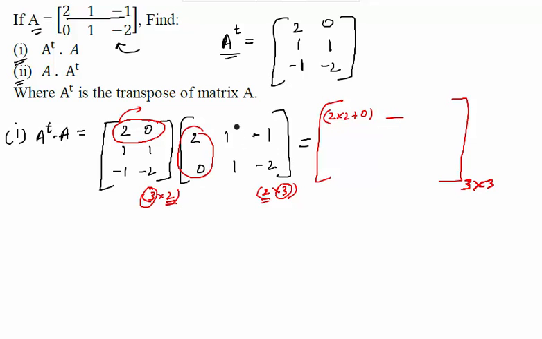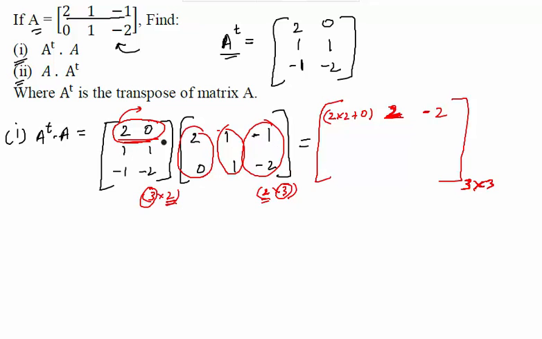So 2 corresponds with 1 and 0 corresponds with 1. So your result will be 2 into 1 plus 0 into 1, which is 2, right? Similarly, let us multiply the first row with the third column. So 2 will be multiplied with minus 1 and 0 will be multiplied with minus 2, and when we add these two quantities we will again get minus 2.